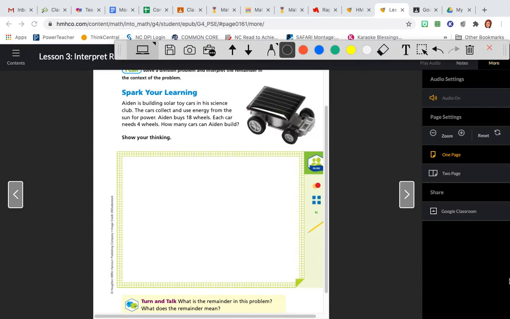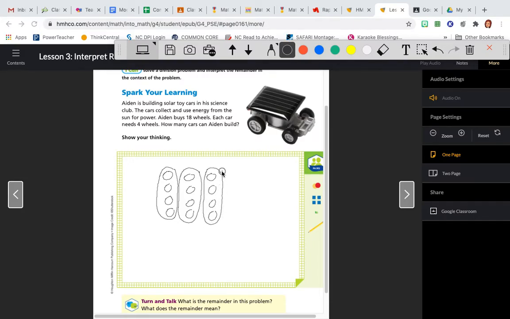But we know he needs 4 wheels for each car. So 1, 2, 3, 4. Okay, there's his first car that he can build. 5, 6, 7, 8. There's his second car that he can build. 9, 10, 11, 12. There's his third car.